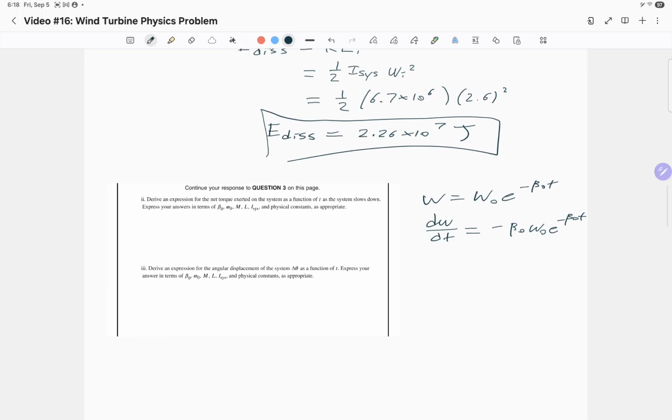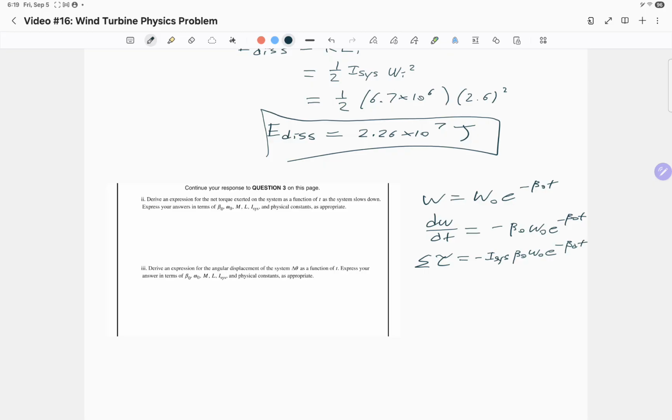But now we have alpha here, which is angular acceleration. Now we plug what we have on the right here into an expression that has torque on the left. So we'll get net torque, which is sigma tau, equals I times beta sub 0, omega sub 0, e to the negative beta sub 0 t.